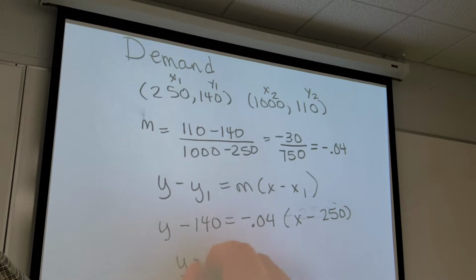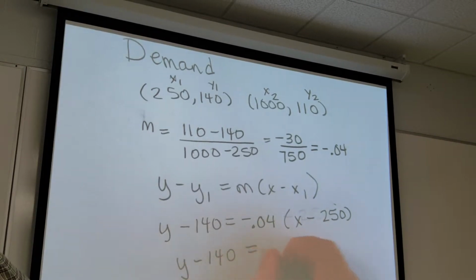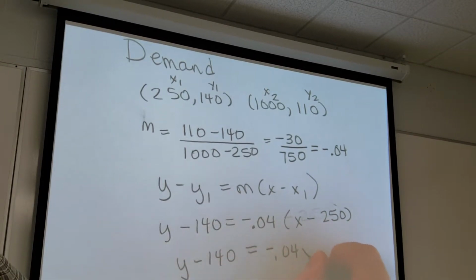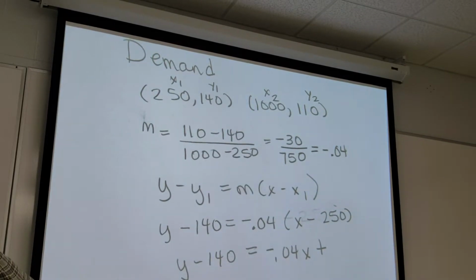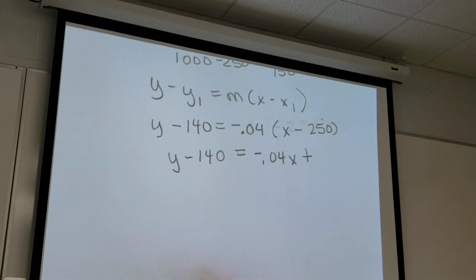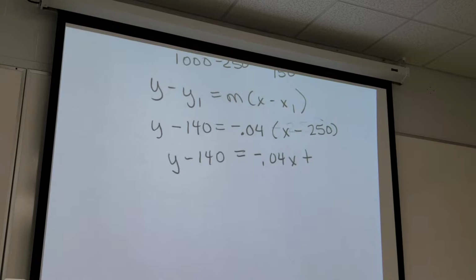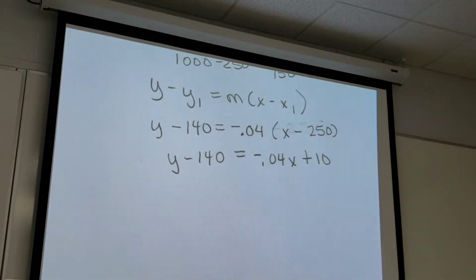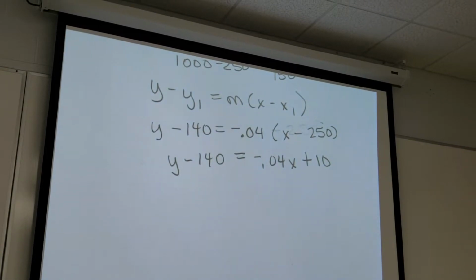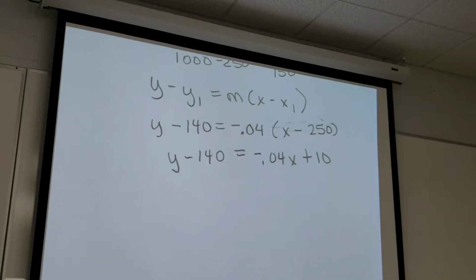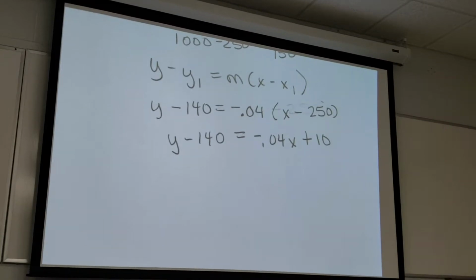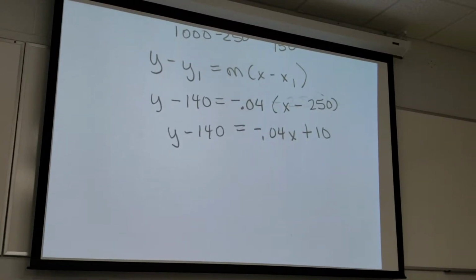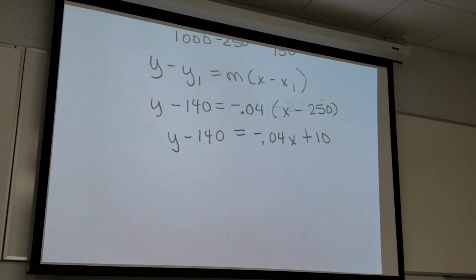I'm going to get y minus 140 is equal to negative 0.04x plus 10. Now, to make this equation, all I have to do is bring that negative 140 over, it becomes positive.